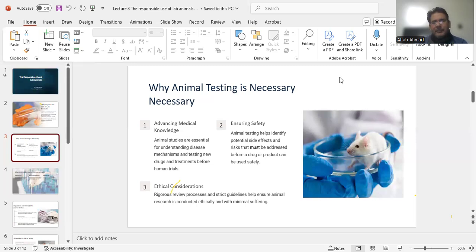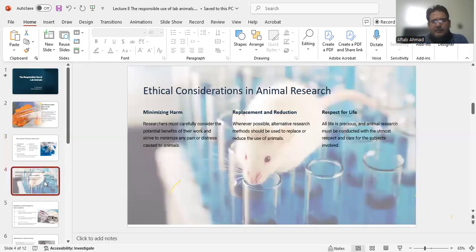It's not like if some study is in your mind and you're working in some institute, you can start that study directly. It should go to the ethical review board, and then we proceed with the study in the animals.